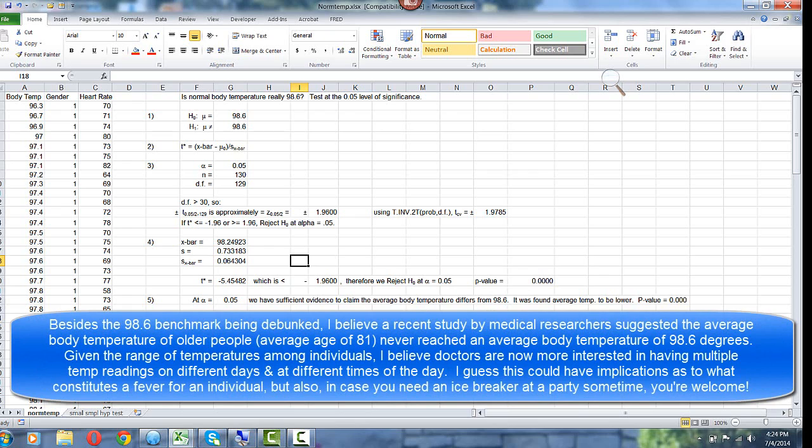It's different from 98.6, but it obviously would be helpful to know which direction, because in theory they won't see any of this here. They would just look at your conclusion, and so you have to help them out. So you write, it was found to be lower than 98.6.